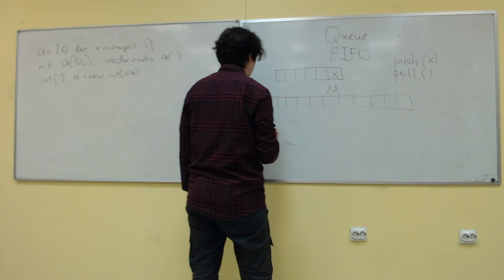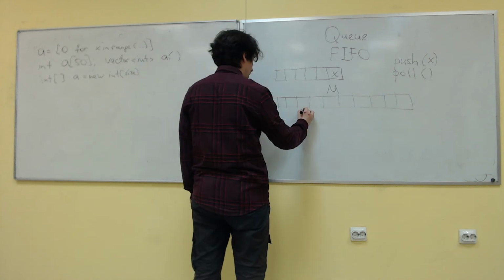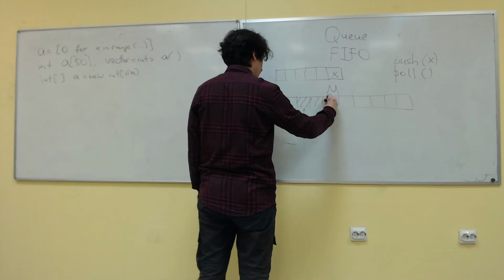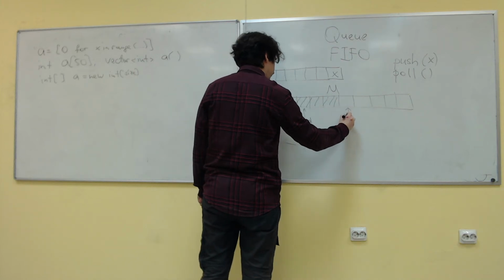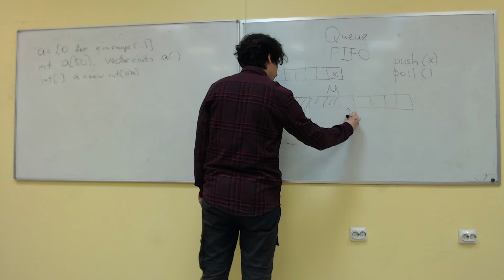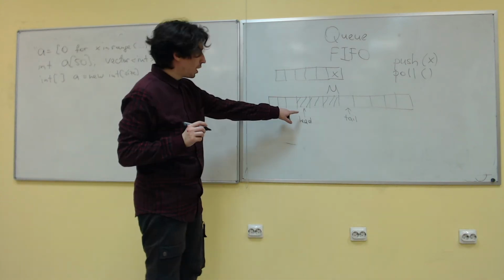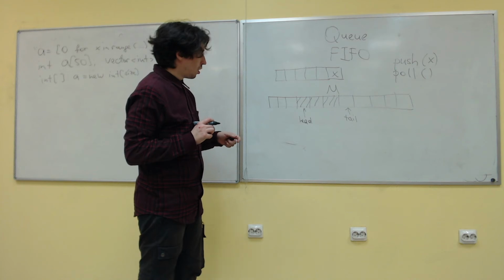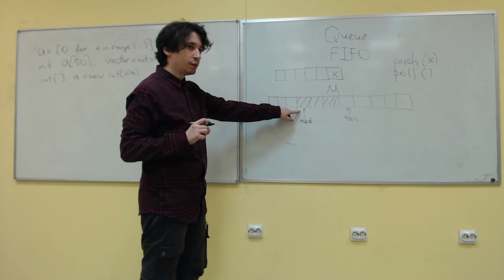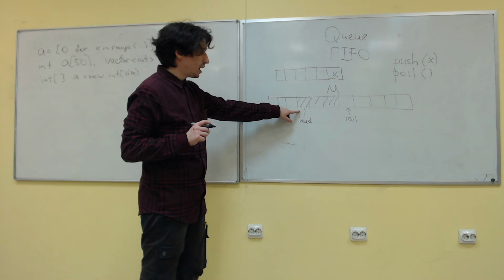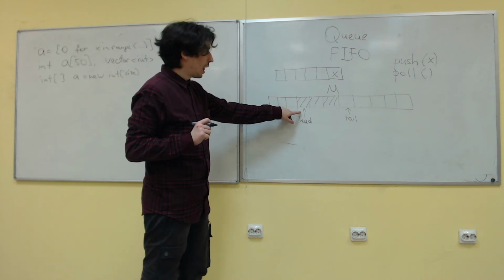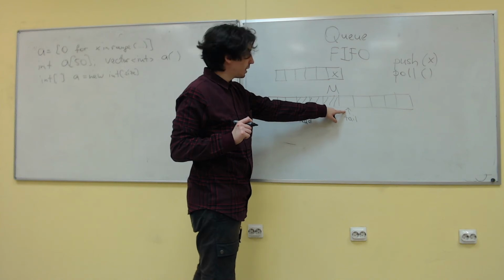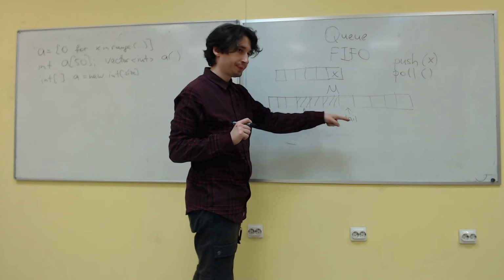And you will have two pointers, the head and the tail. So head points to the first element that is in the queue, and tail will store the first element that is not in the queue.